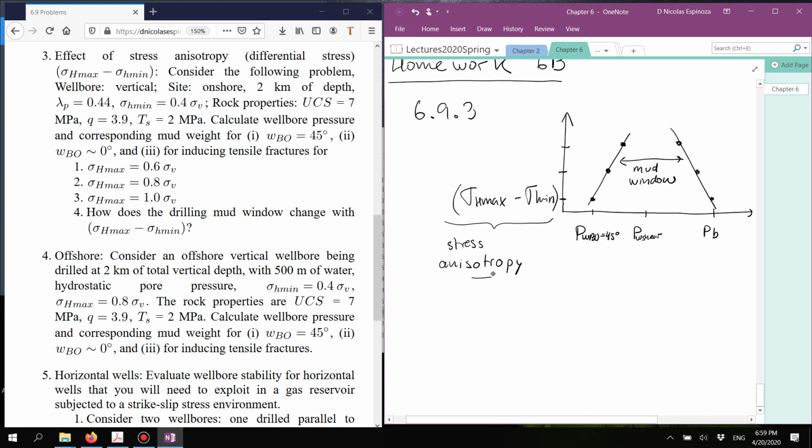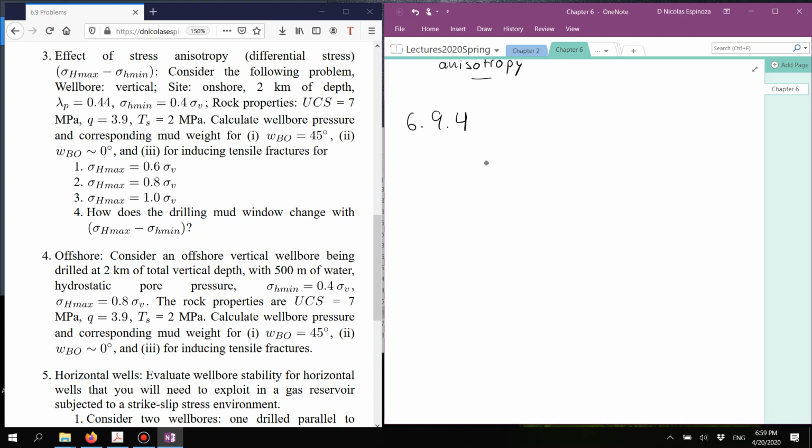This is the objective of this problem. And as I was telling you, the equations are not too different from the ones of problem 692. Problem 694 is quite similar too, but in this case, we are under conditions offshore. So here you have the surface of the water, the seafloor. Remember that in all of these analyses of geomechanics, it's very important that you compute accurately the stresses in situ.